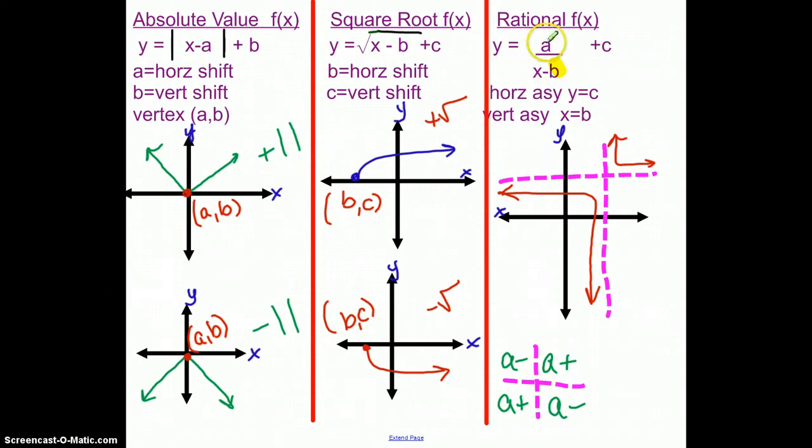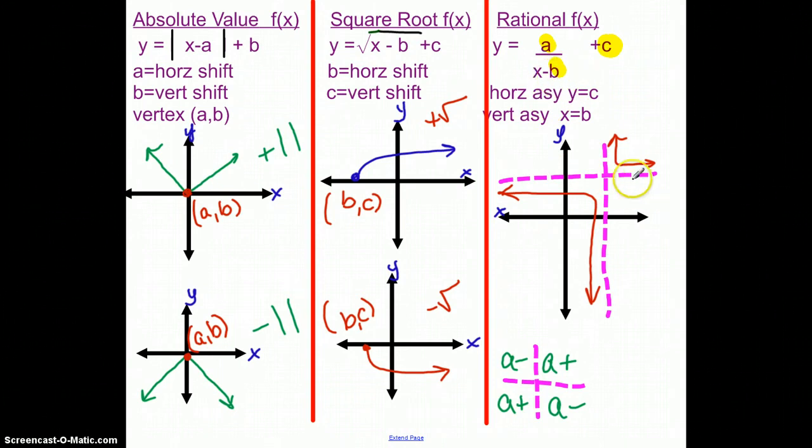Now, in this one, there are 3 values that are really going to matter. All 3 of those. So if I find A, B, and C, that's going to give me information to graph this. If A is positive, when I make these asymptote lines here, it's going to be in this quadrant and this one. If A is negative, it's going to go in the other 2.